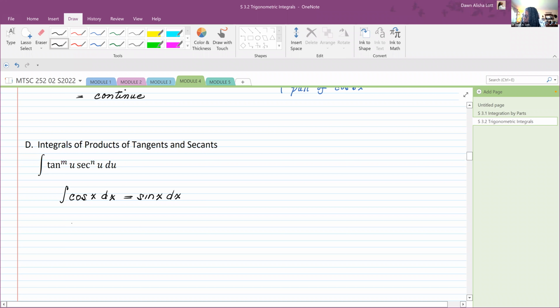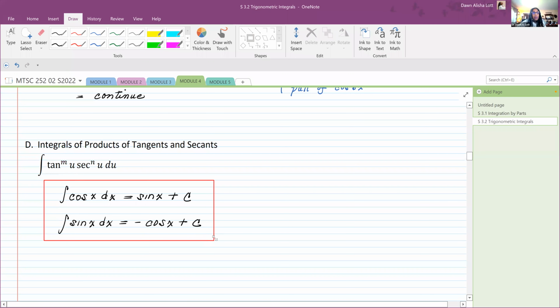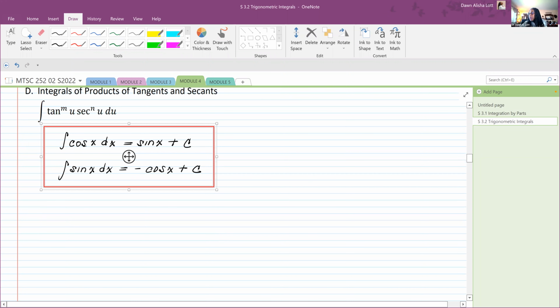And the integral of the sine of x dx is minus cosine of x, and this is a plus c. Those we know. We even found the integral of tangent of x.